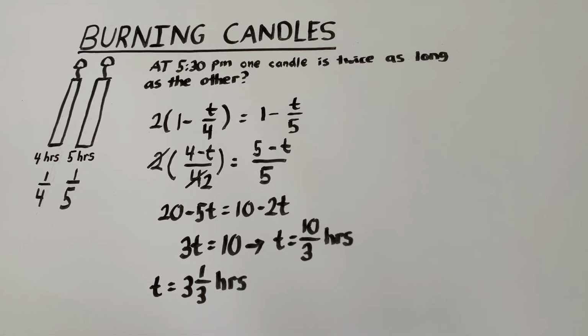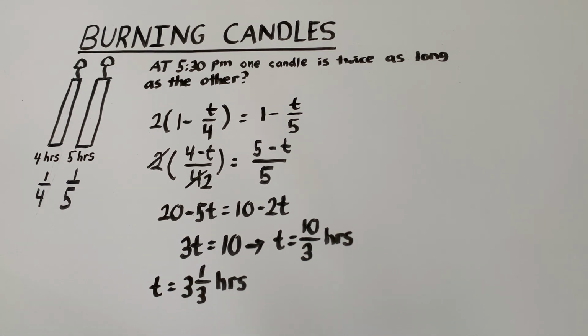Well, 3 hours is just 3 hours, but a third of an hour would be equivalent to a third of 60 minutes, which ends up being 20 minutes. So this time is equivalent to 3 hours and 20 minutes.